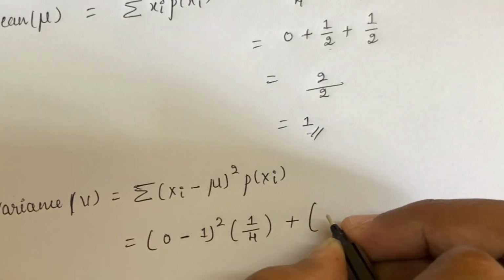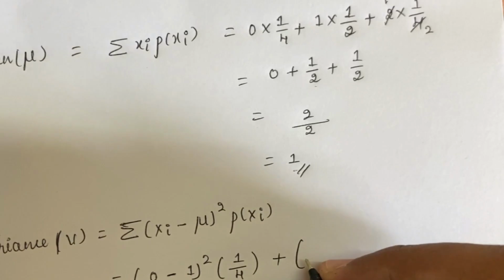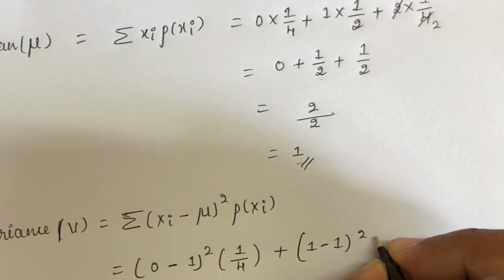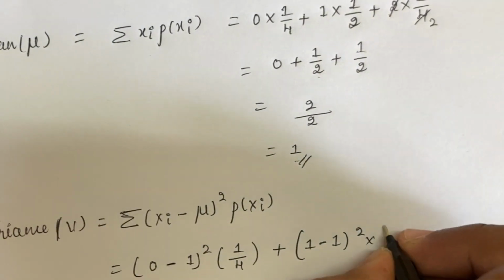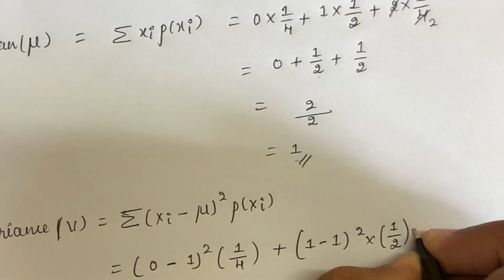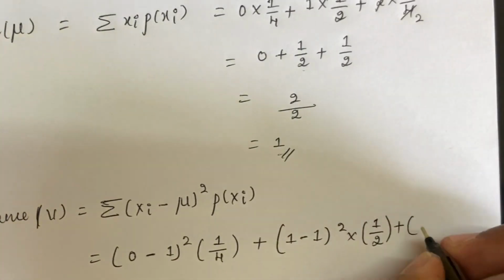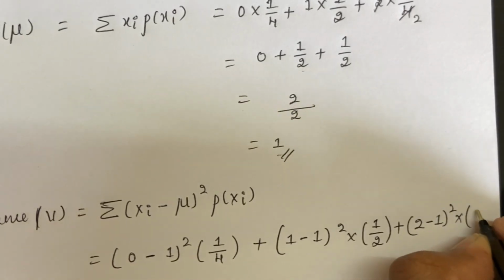Plus the second is 1, so (1 minus 1) whole square into p of xi, that is 1 by 2. Next x value is 2, so (2 minus 1) whole square into 1 by 4.